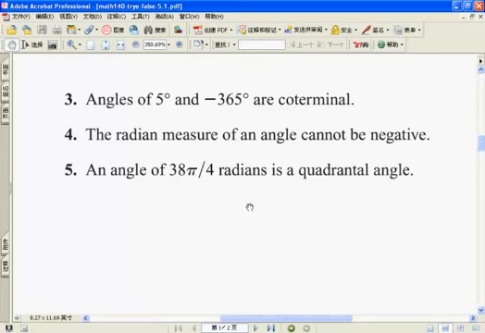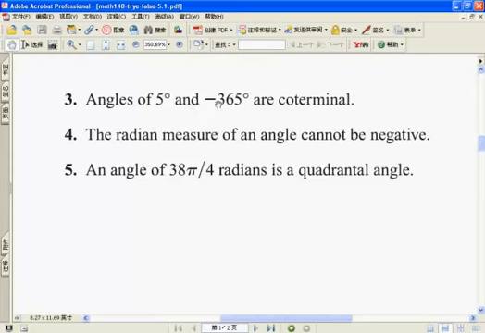Why is it false? Two angles are coterminal when the difference of their measures is a multiple of 360 degrees, right?